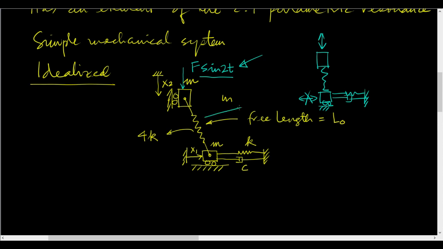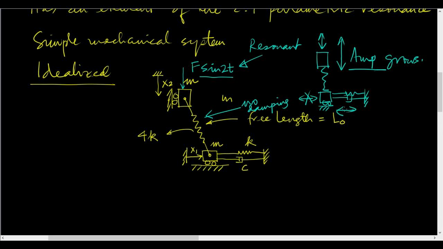This is resonant, and there is no damping here. That's an idealization. In the presence of no damping, this amplitude will get bigger and bigger and bigger, and eventually this will become unstable. And so then this will oscillate and this amplitude will go down, and we will see that dynamics.